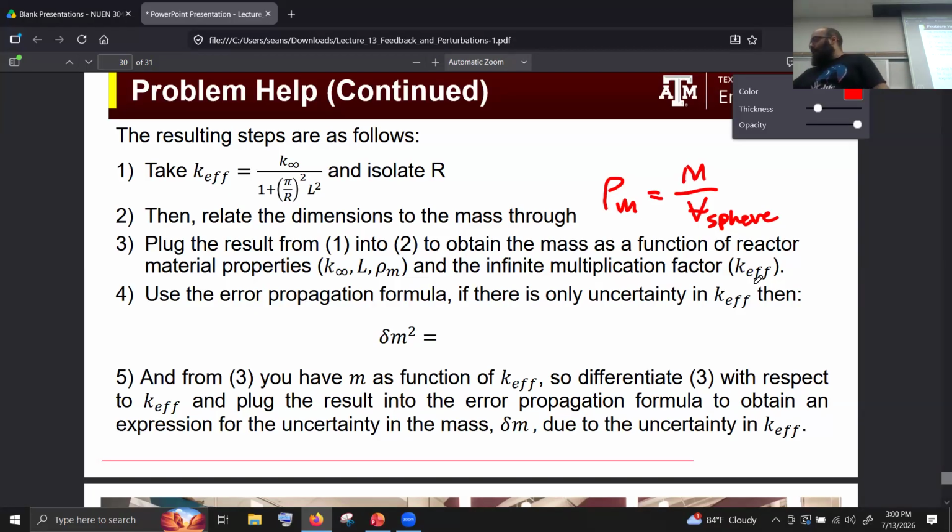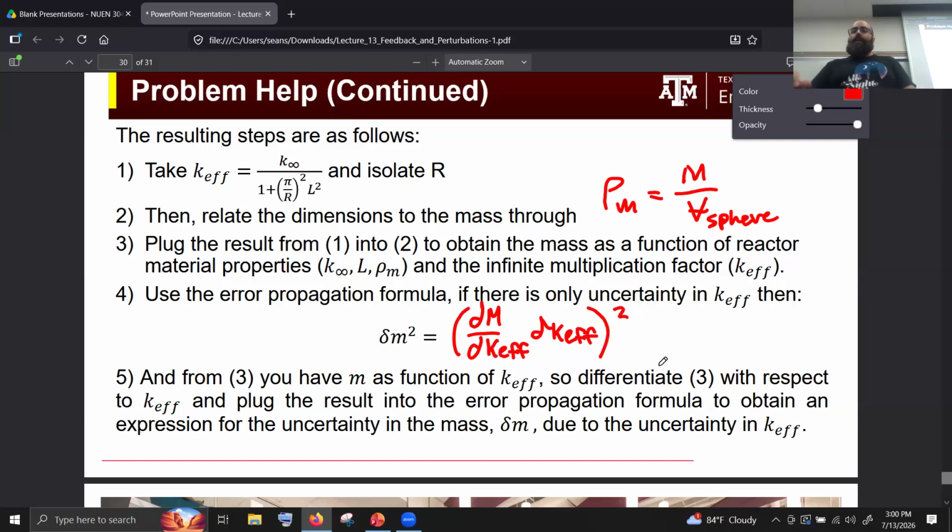The uncertainty in my mass would be the derivative of my mass with respect to k effective times the uncertainty in k effective, that quantity squared. That uncertainty in k effective is just some input that you're going to assume that you know.